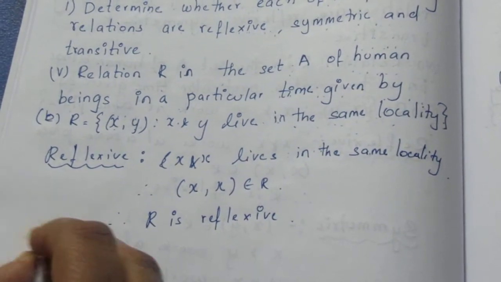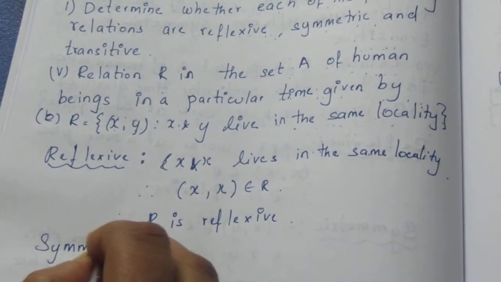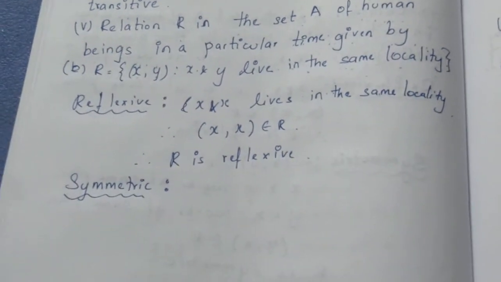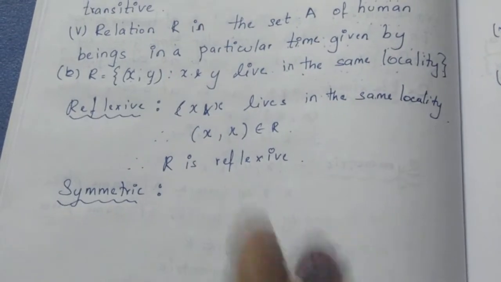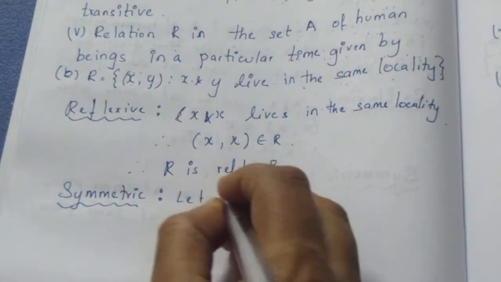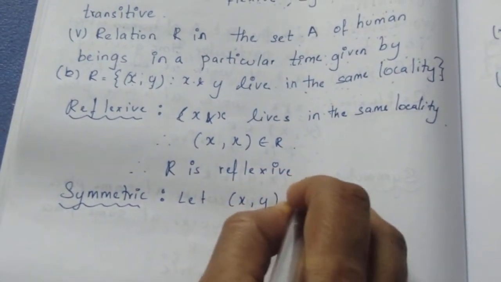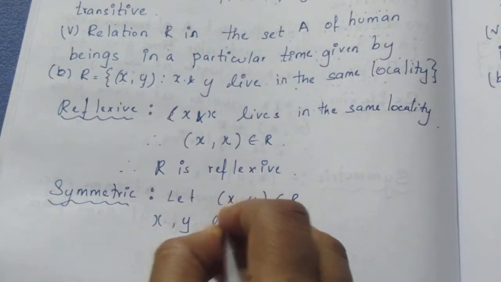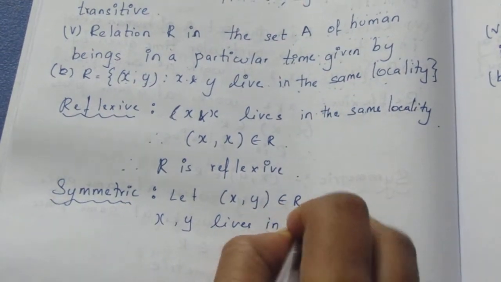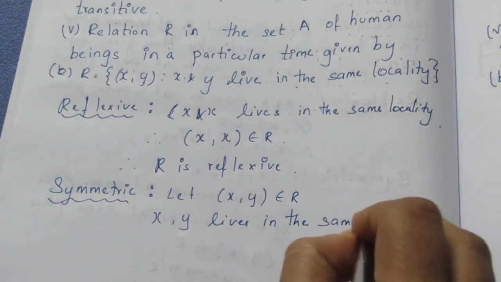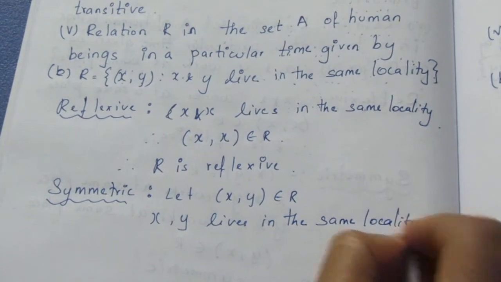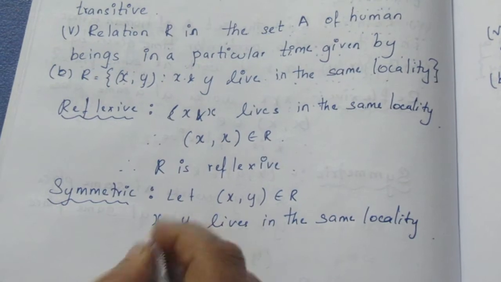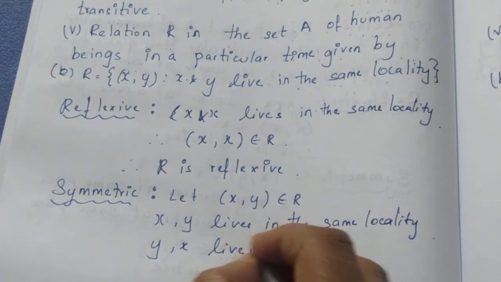Now we'll move on to symmetric. For symmetric, let (x, y) belong to R. That means x and y live in the same locality. And we also know that if x and y live in the same locality, then y and x, the same persons, live in the same locality.